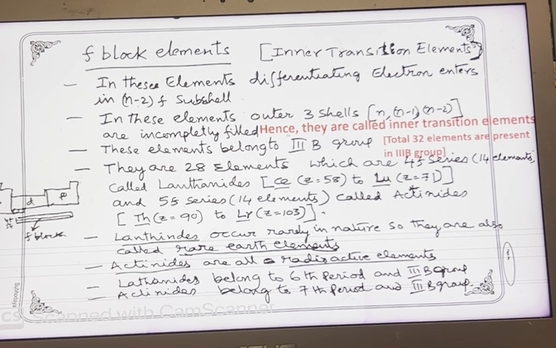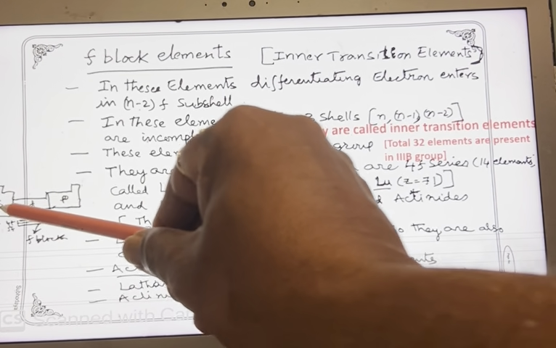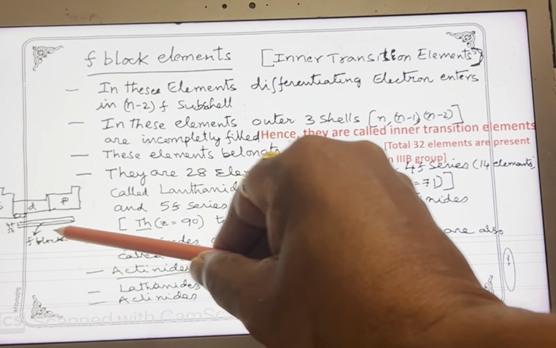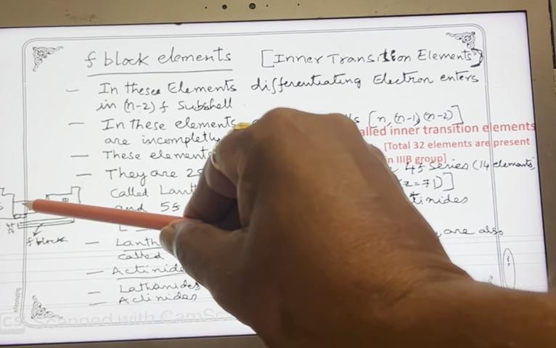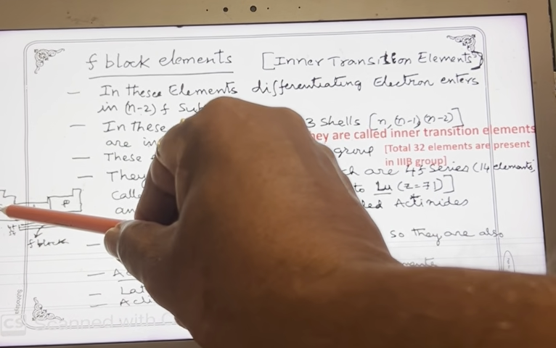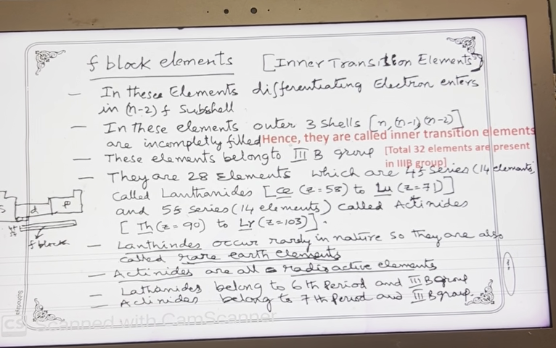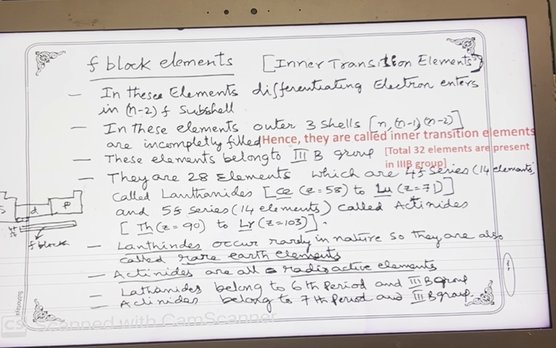These elements belong to the third B group. The lanthanides and actinides, 28 elements in total, are kept at the bottom of the table, separate from the s block, p block, d block and f block. After the s block, the third B group starts, the scandium group, and in that same group these 28 elements are also kept.